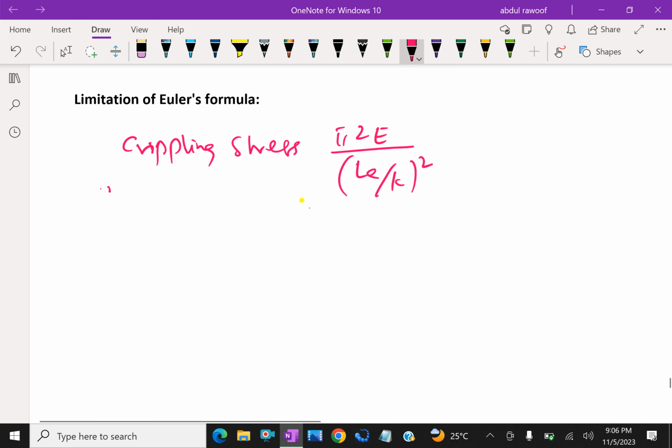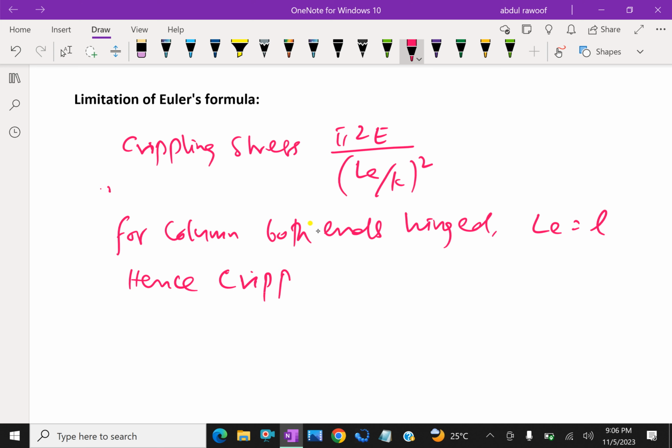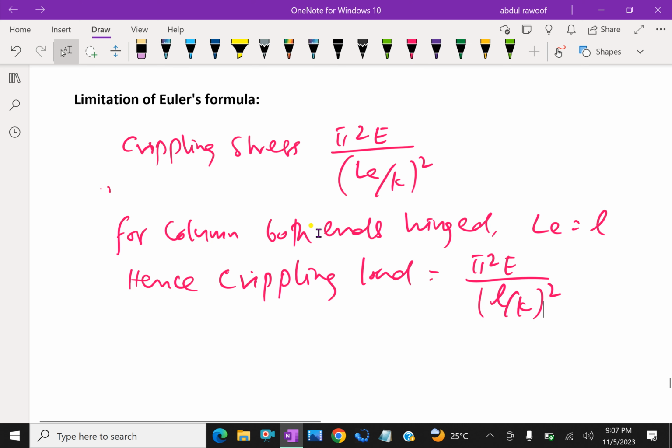For the column with both ends hinged, for example, we know that LE, the effective length, is equal to actual length, hence crippling stress is pi squared E over L by K the square, where L by K is the slenderness ratio.